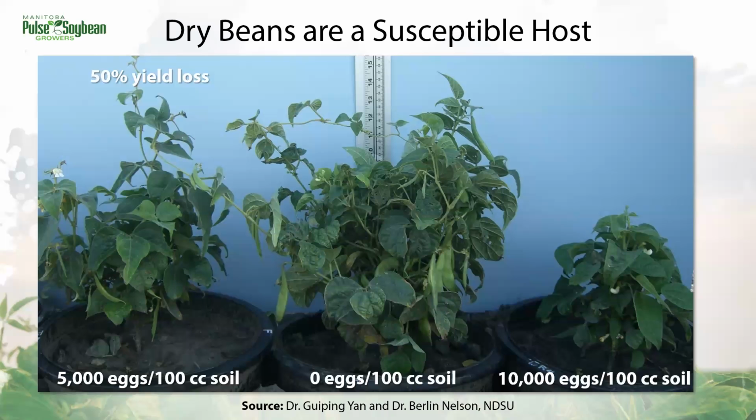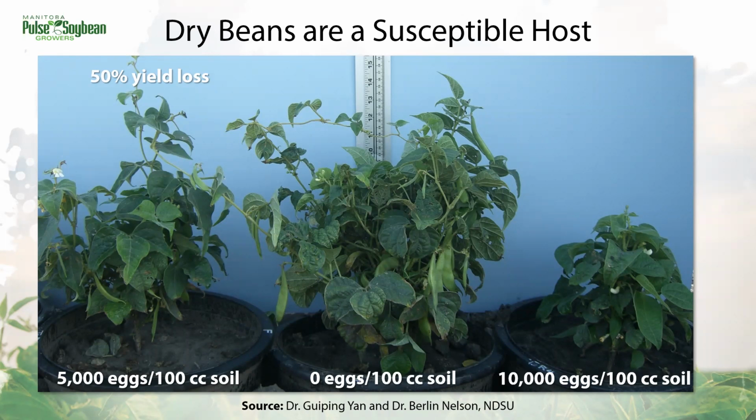Jumping to another SCN host crop, dry beans are a susceptible host. These are pinto beans grown in pots containing different SCN egg populations. The center is a healthy plant. There's no SCN in that soil. On the left is a soil population that's 5,000 eggs per 100 cc of soil, and on the right is 10,000 eggs.